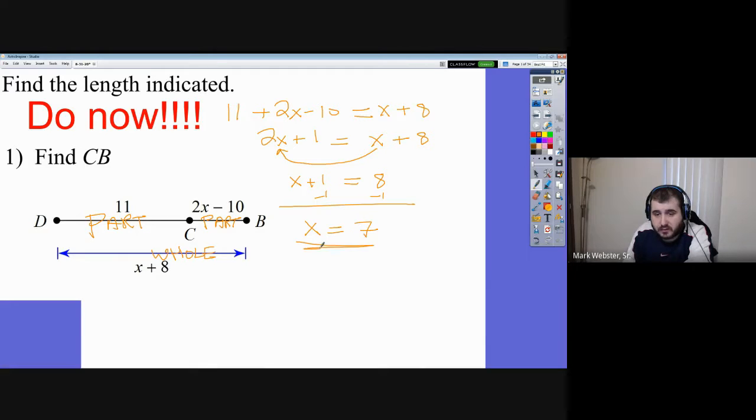So this is x, but we want to find the length of segment CB. And remember, this is segment CB, right? So this is 2x minus 10. So now we know x. Let's put in x right here so that we can find CB.